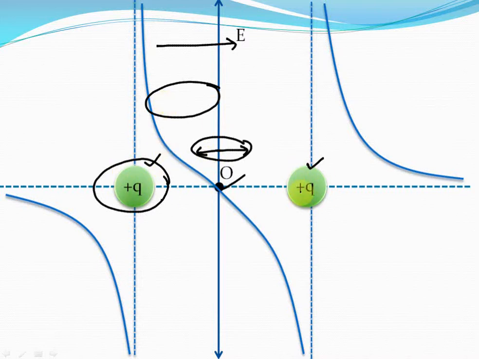Similarly, here, the electric field is negative because near this plus q charge on the right, the electric field due to this plus q charge dominates, and the electric field due to this plus q charge is towards the left, that is in the negative x direction, because of which the electric field is negative in this area.